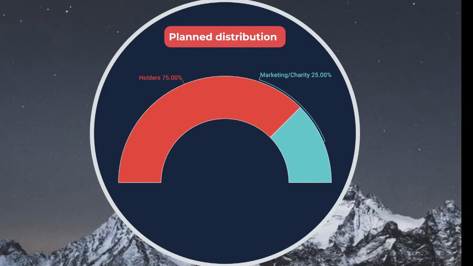So this, again, is a sustainable way of donating, and additionally without taking active money out of the project. So this 75%, this can be a lot in the future.